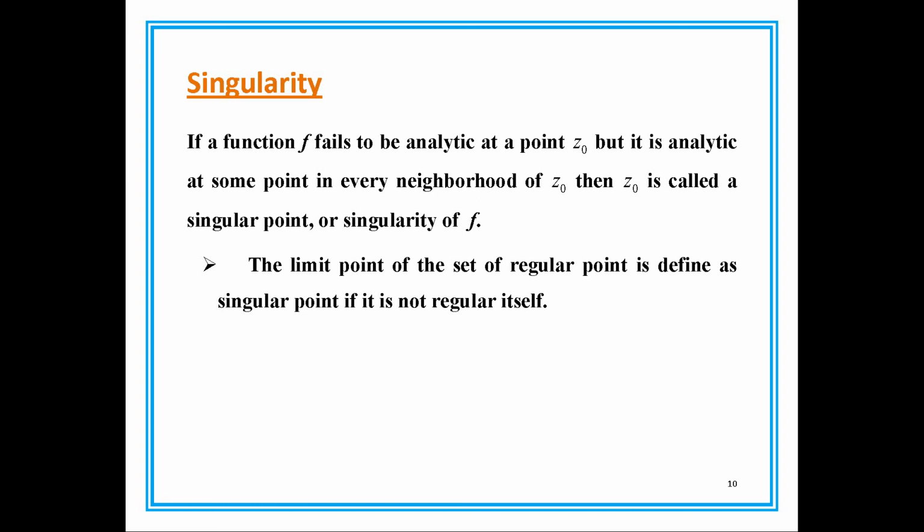So it should be quite clear that the complex valued function is not analytic at that particular point, but it is analytic in some neighborhood of z0. Then the point is called a singular point or singularity of f. The limit point of the set of regular points is defined as a singular point if it is not regular itself. In one of the videos we had defined limit point.